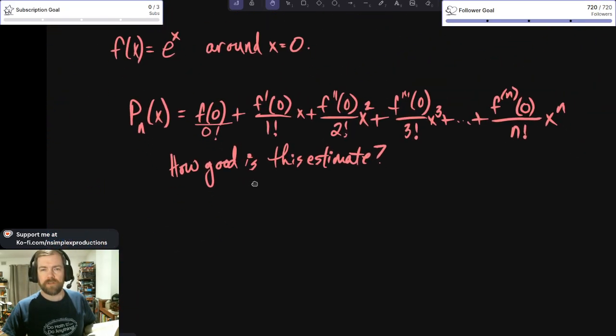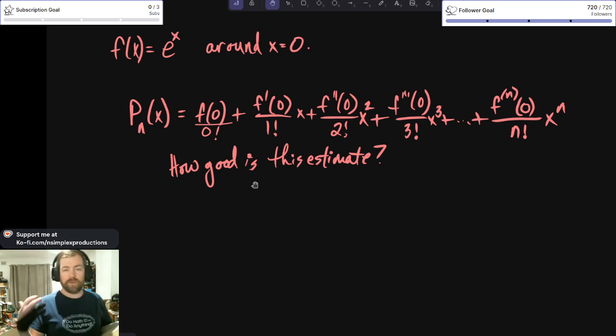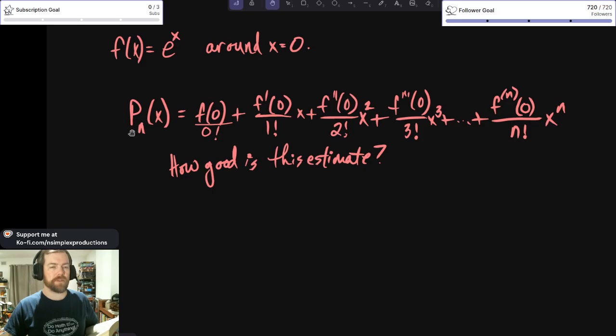Okay. So now we want to know, how good is this estimate actually? So if we have an nth degree polynomial, it is going to stop at a certain finite number of terms.